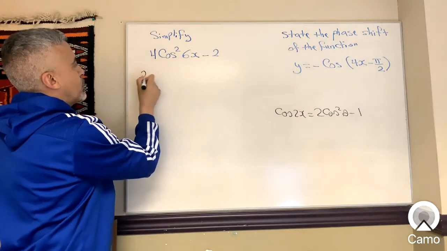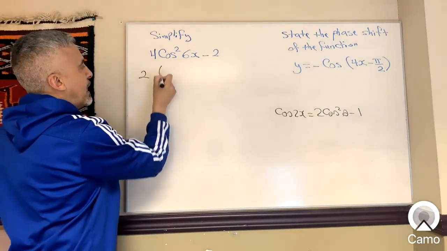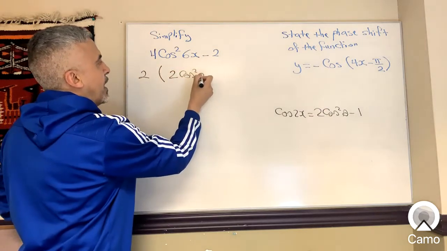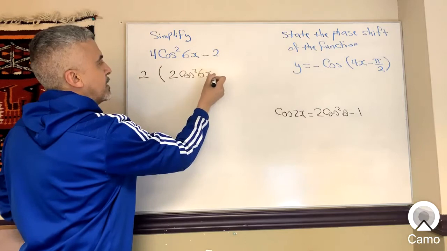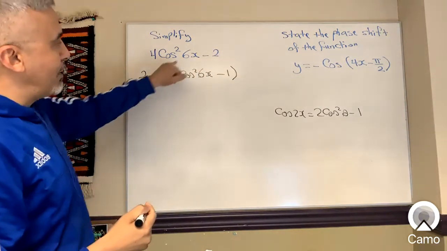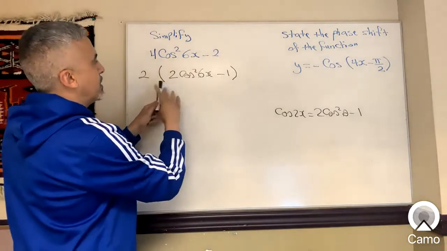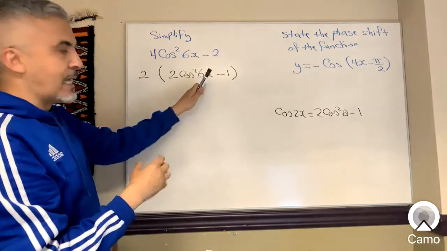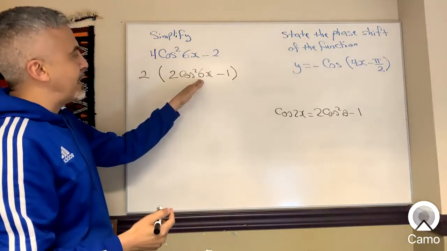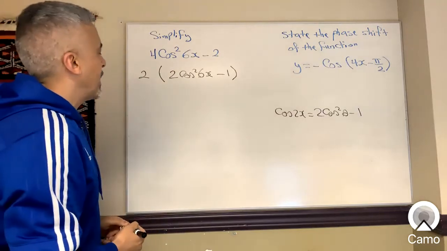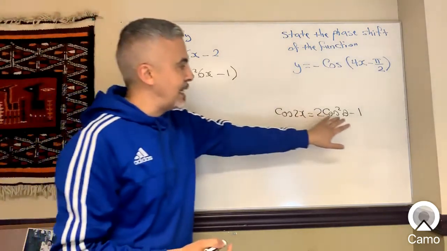So when you take that 2 out, you end up with 2 cos squared 6x minus 1 in the brackets. Don't take the 2 out of the 6, because this cos squared of 6x is one thing. The 6x is not by itself, so you cannot take the 2 out from the 6.